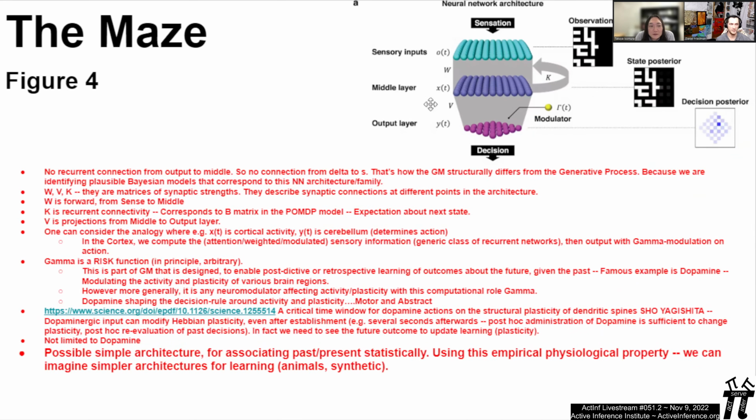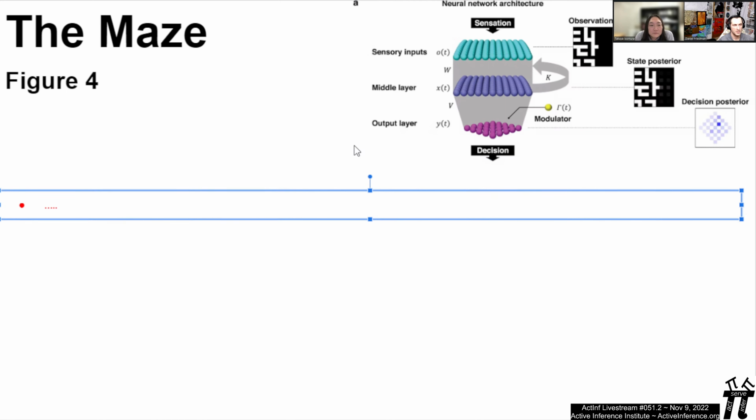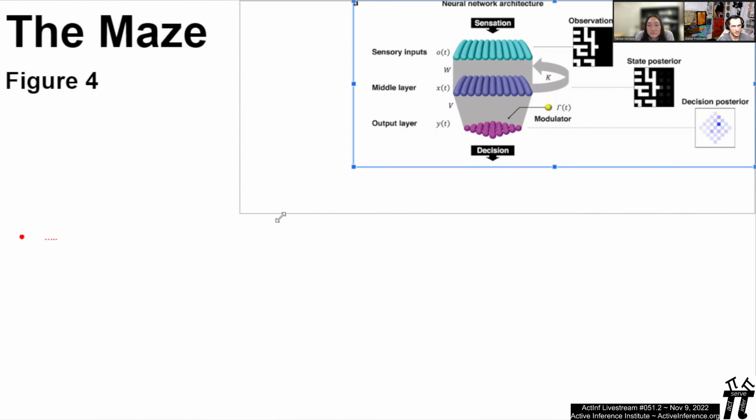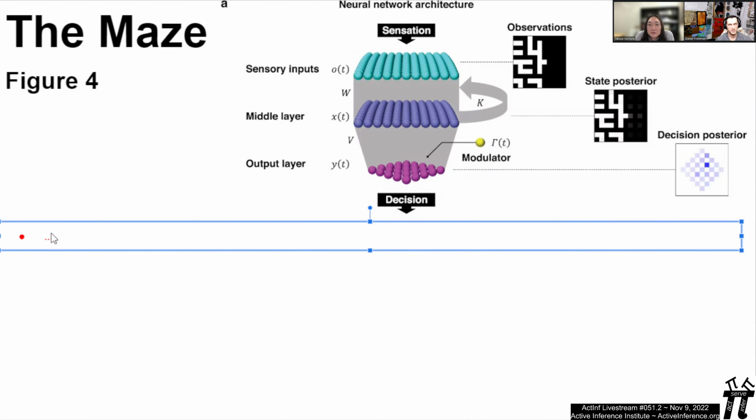Maze task. Yeah. Here we go. This is the neural network architecture. All right. So as you said, there is a network connection from sensory layer to cognitive layer, which is expressed by W here, and recurrent connection, which corresponds to state transition matrix, is expressed by K matrix, which is recurrent synaptic connectivity.